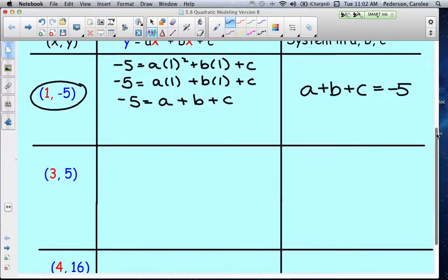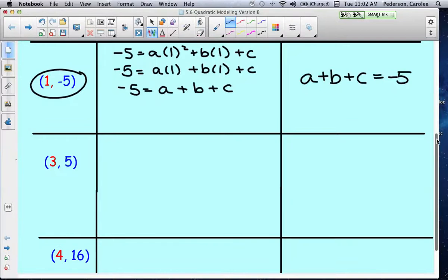All right, let's go down to the second box set. That's the next ordered pair they gave us in the problem that's on the parabola. So we're going to substitute in 3 and 5 into a general quadratic equation. So this is my x and that is my y. So I'm substituting in 5 in for y, 3 in for x.